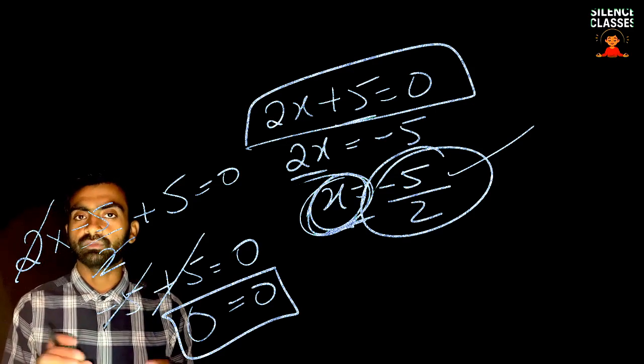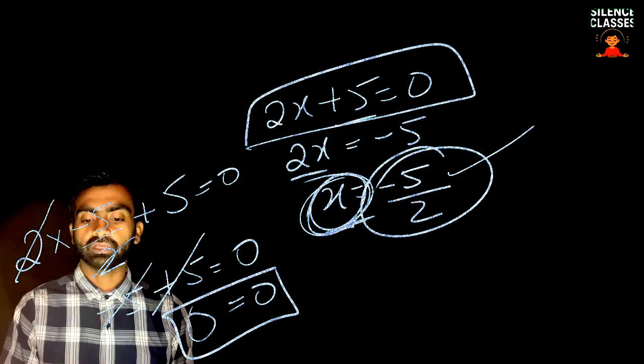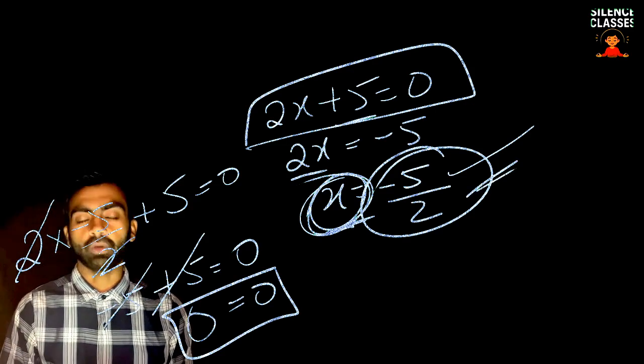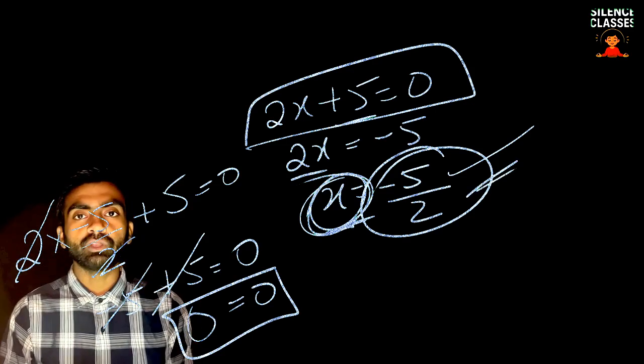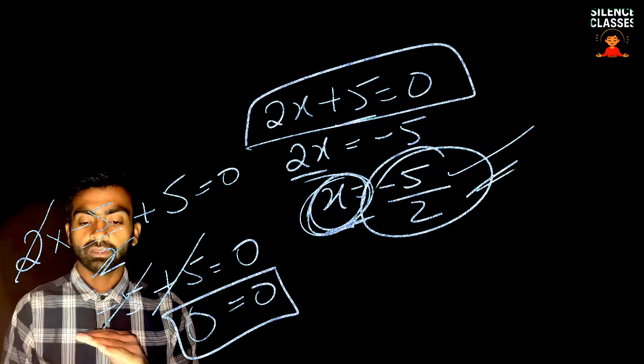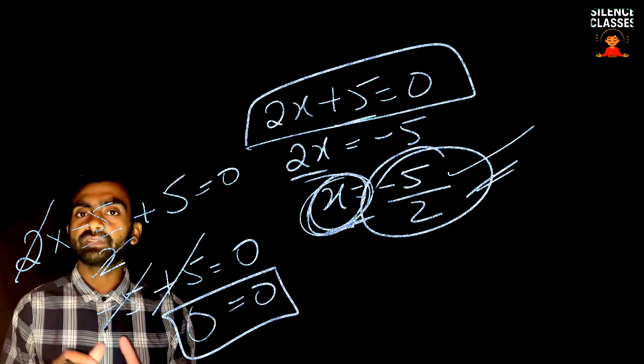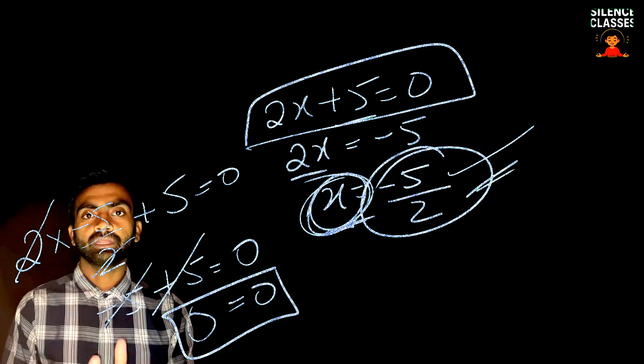If it becomes 0 equals 0, it means this is the zero of the polynomial. Once we do the questions, you will understand each and everything in a better manner.